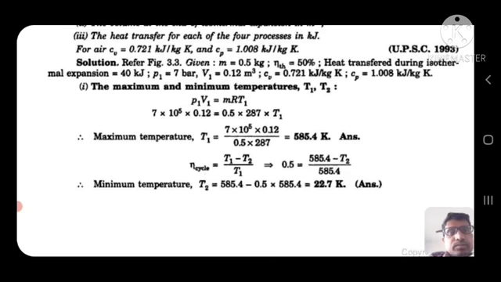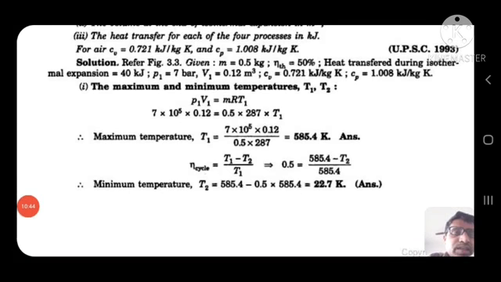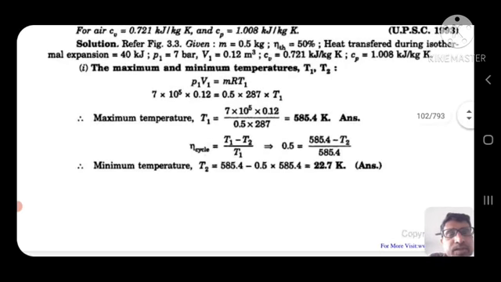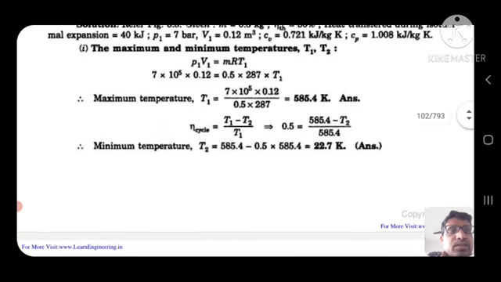Here, m is equal to 0.5 kg, eta 50%. Heat transfer during isothermal expansion is equal to 40 kilojoule. P1 is equal to 7 bar, V1 is equal to 0.12 meter cube, Cv is equal to 0.721 kilojoule per kg Kelvin, and Cp is equal to 1.008 kilojoule per kg Kelvin.